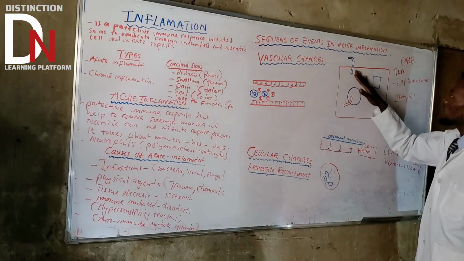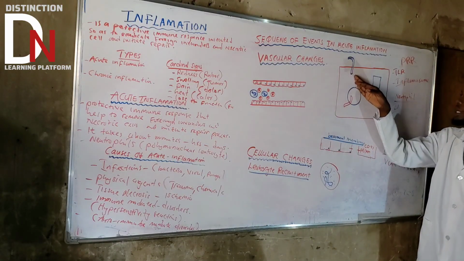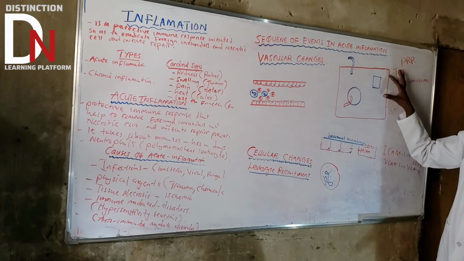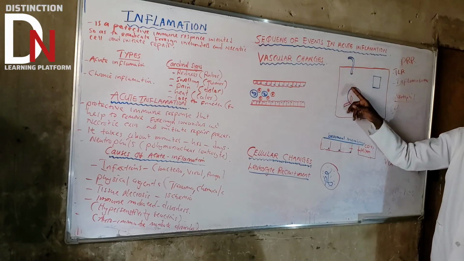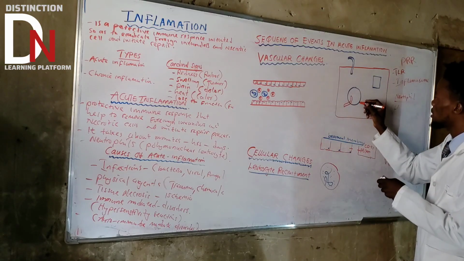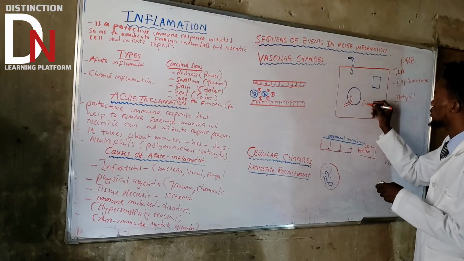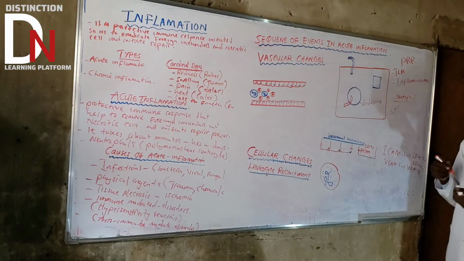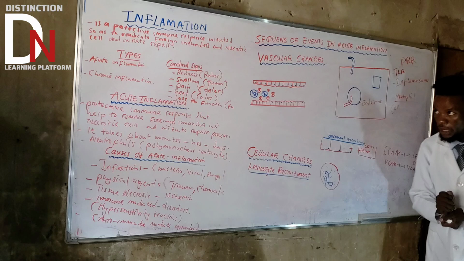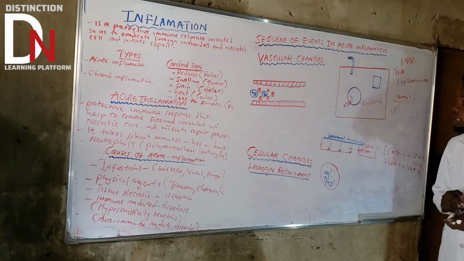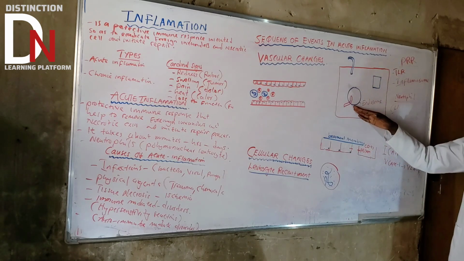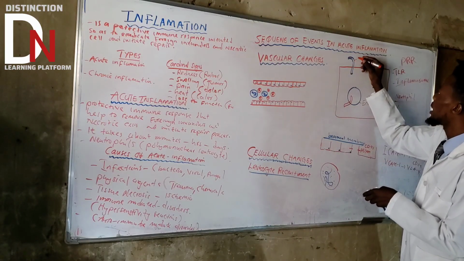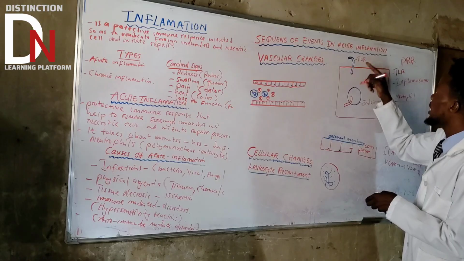Now, if we talk about the toll-like receptors, where can you find them? You can find them on the cell membrane, also called the cytoplasmic membrane, and also in the endosome, on the endosomal membrane.